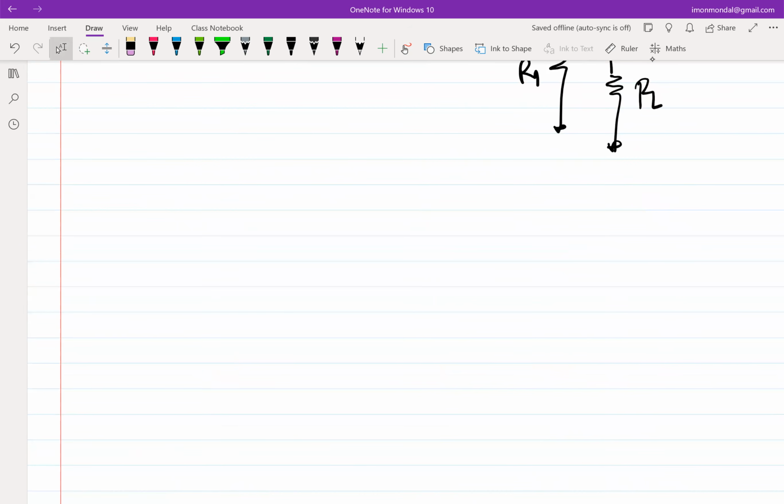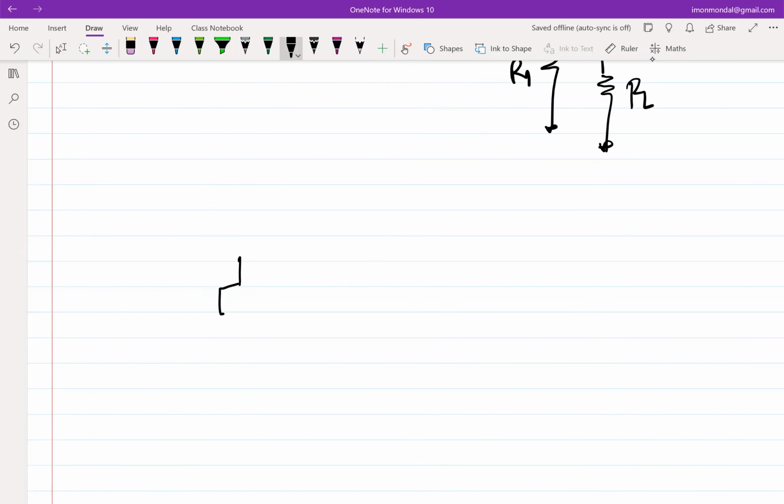So essentially now I hope you are convinced that instead of a current source, what I will do is use a PMOS. This is VDD, this is the source, this is the drain, right?